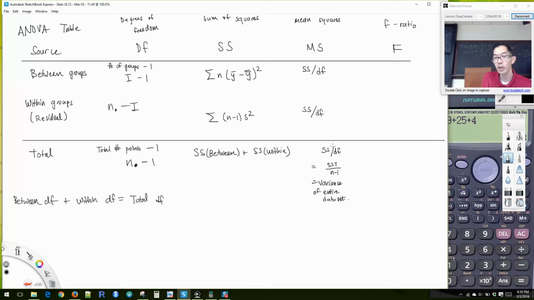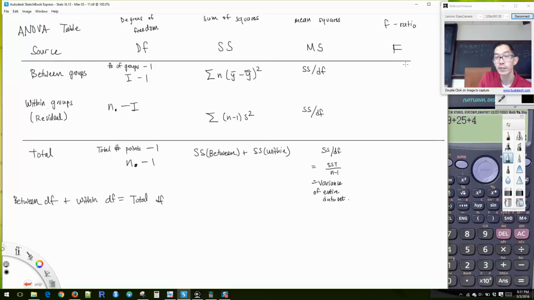Okay, but often, when you create ANOVA tables on the computer, they leave this total row out, just because this is the variance of the entire data set. This is something that you can figure out on your own. So this is often left out.